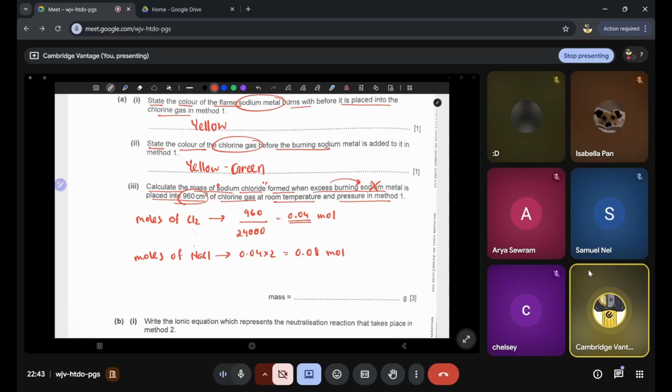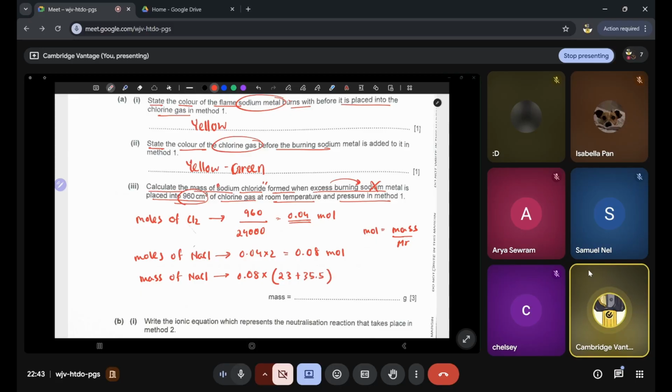And once I have the moles, I will recall the formula moles equals mass by Mr, and then I will find the mass itself. So mass of NaCl should be 0.08 times the Mr. Now sodium chloride, sodium has a mass of 23, chlorine has a mass of 35.5.